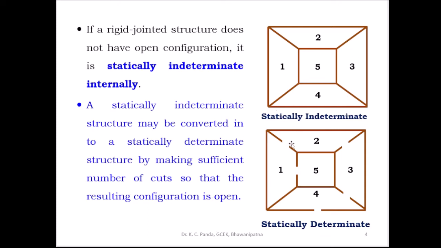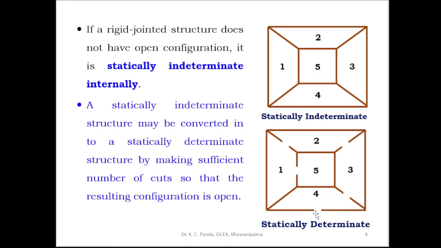So here you have to cut the structure in such a manner that the resulting configuration is open, there are no closed loops, and there is no split of the structure. This is one structure, all the branches should be open, there are no closed loops. So this type of structure is called a statically determinate structure.